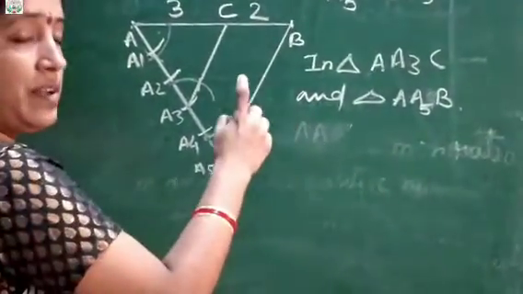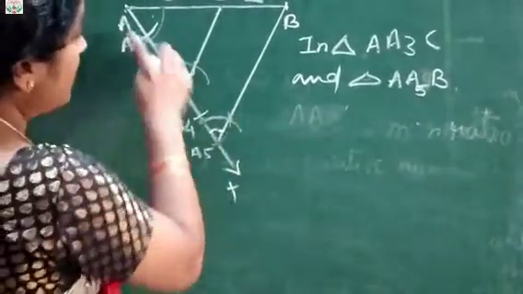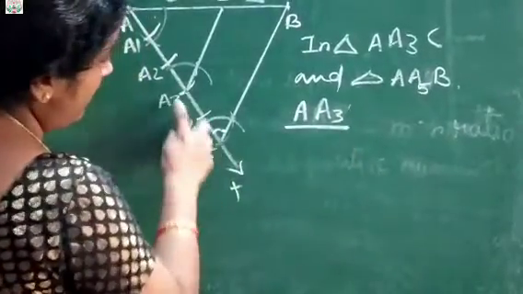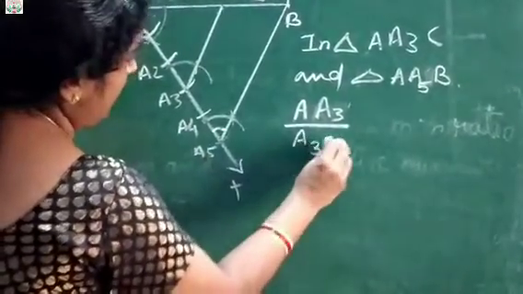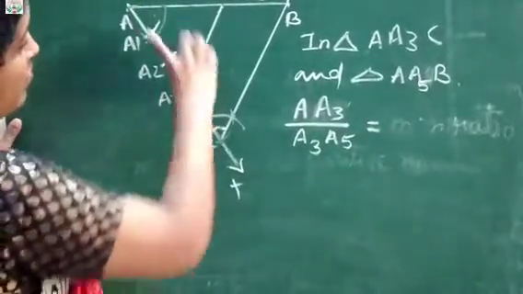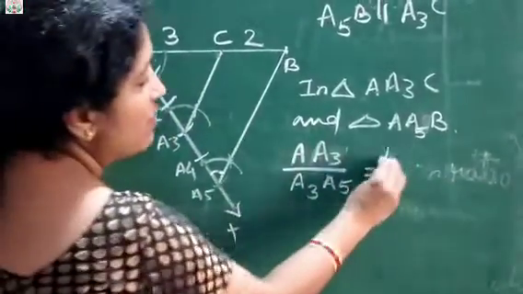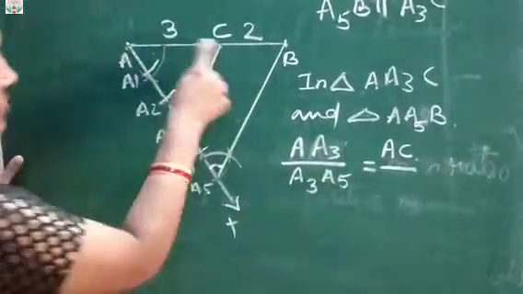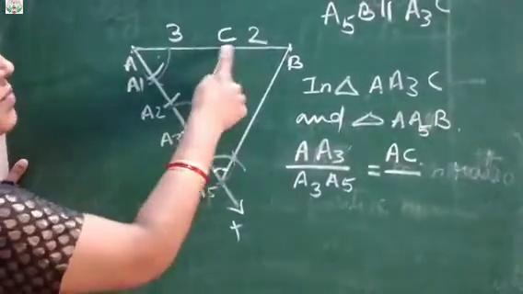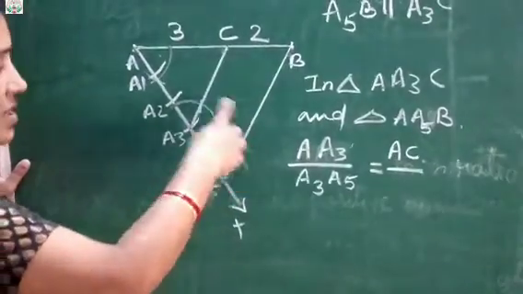So according to the basic proportionality theorem, A3 upon A3A5 equals to what? Because whatever distance we have from here to here, that is the same as AC. So that will be AC upon, this is A3 and A5, whatever distance we have. The same is here also, that is why they are parallel lines. We have drawn parallel lines.